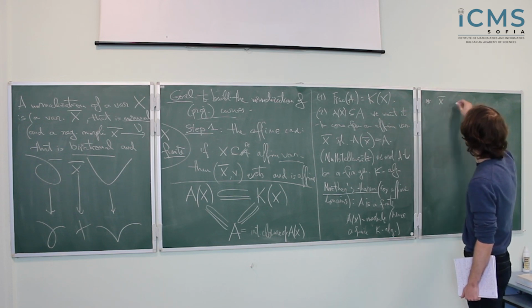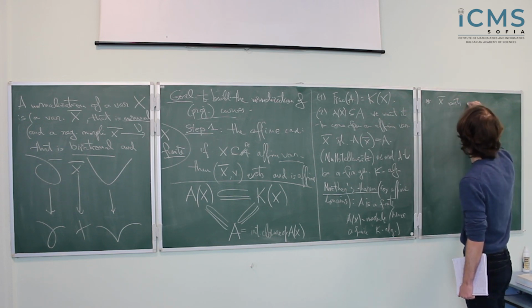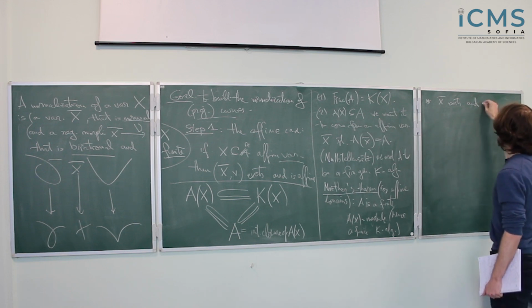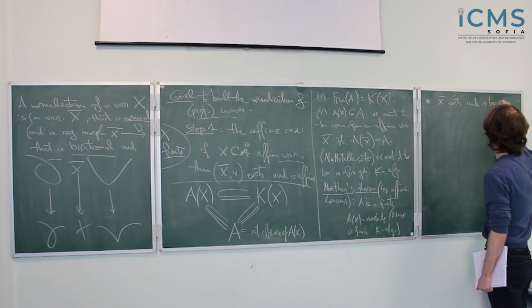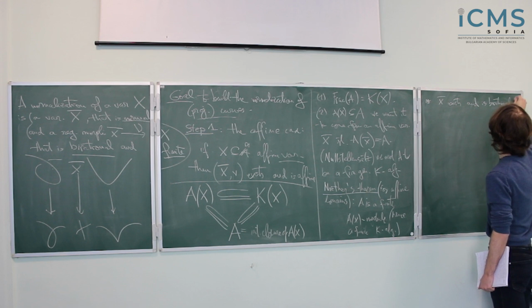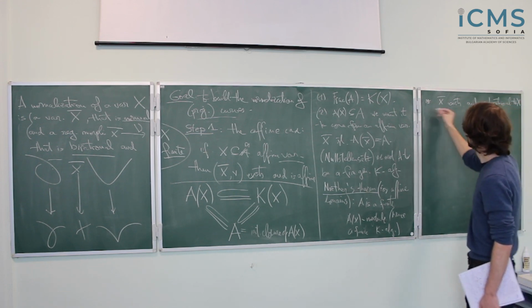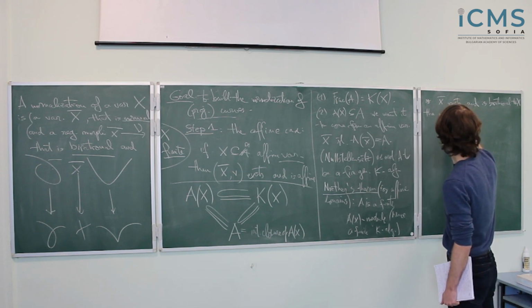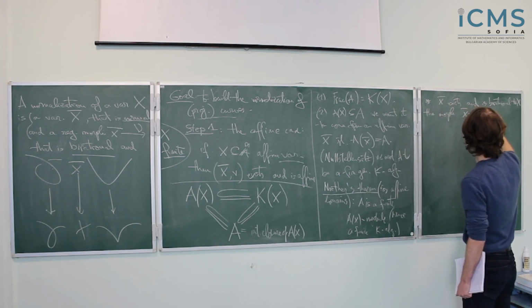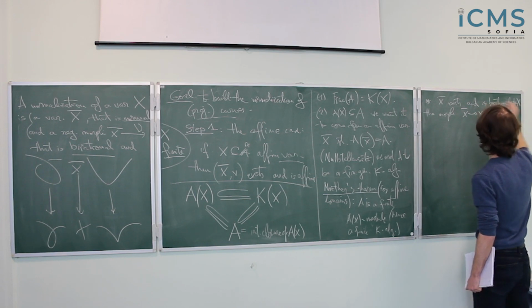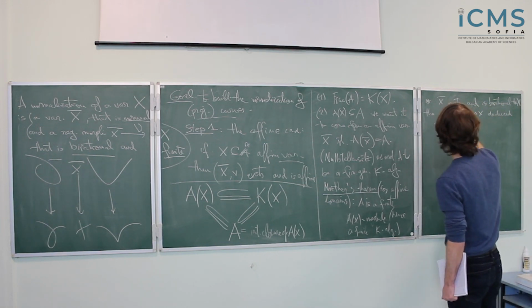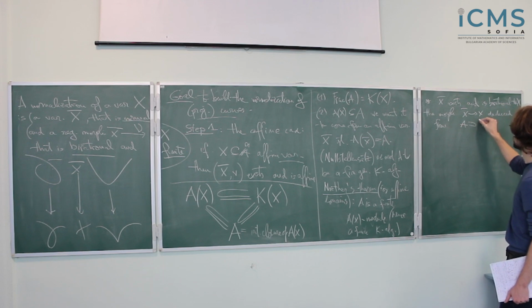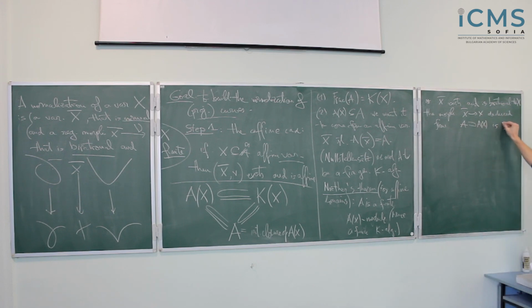So X bar exists and is birational to X. The morphism deduced from the inclusion between the two is finite by construction.